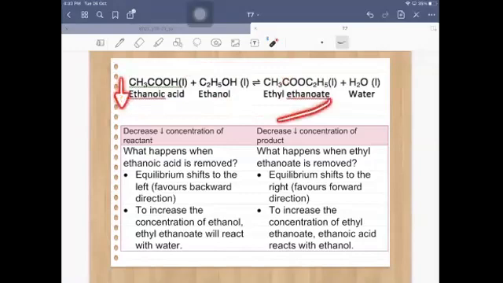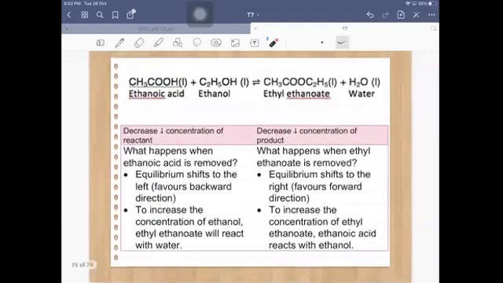You want to reform more. You let your ethyl ethanoate react with water. So this means we are favoring the reaction to the left. We are shifting the equilibrium to the left so as to produce more ethanoic acid. Okay, and then equilibrium will try to reach a new one on its own. We don't have to worry about that.